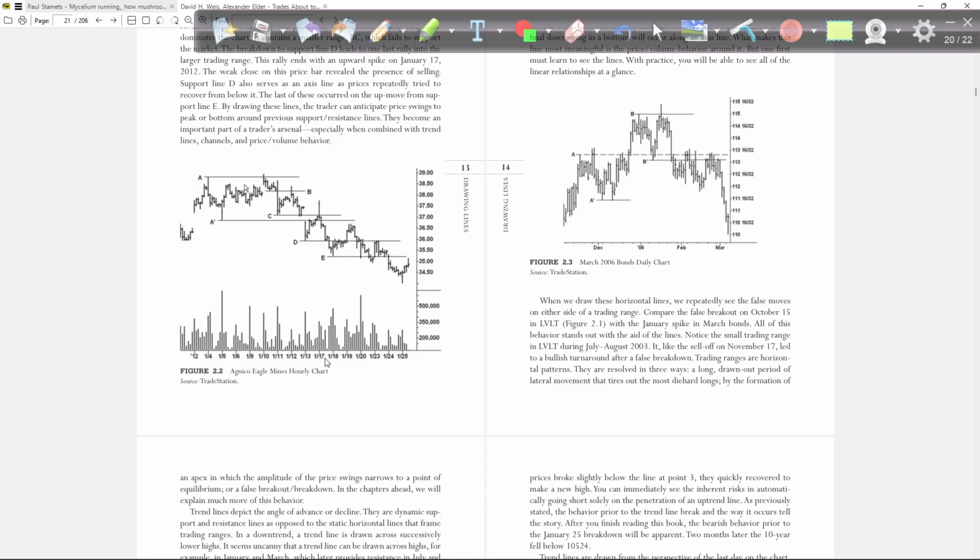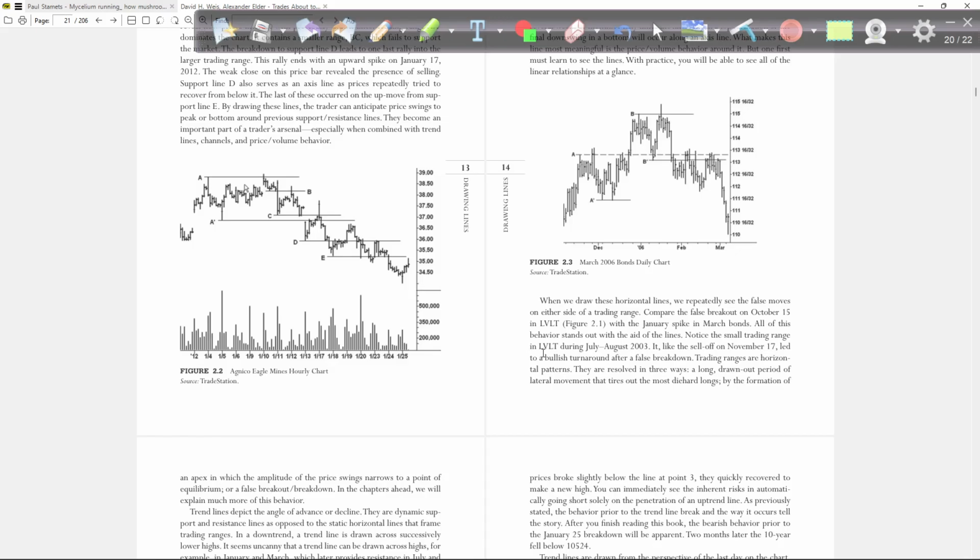This is the bond, so the January spike would be this one, right? All of this behavior stands out with the aid of the lines.